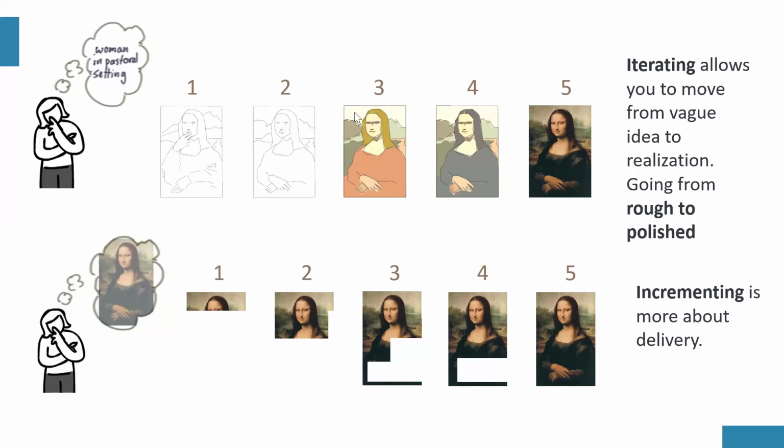Keep refining something until you get what you want. That's iterative. It allows you to move from vague idea to realization, from rough to polished. But incremental is about increasing the functionality. So when you're on agile projects, you do iterative and incremental at the same time.